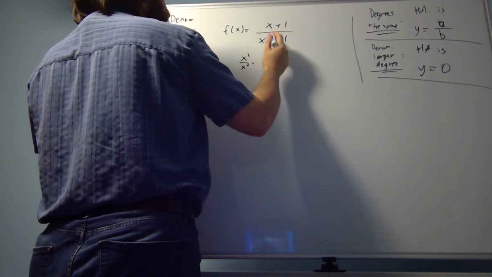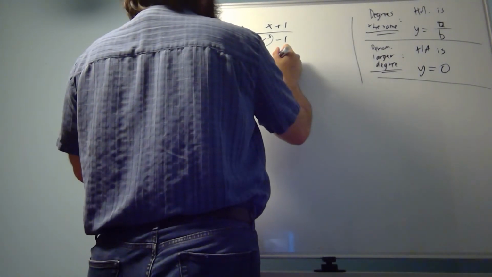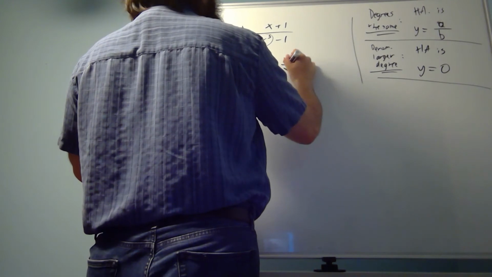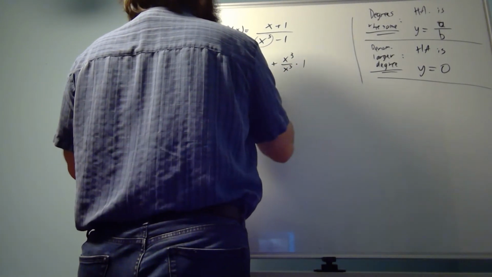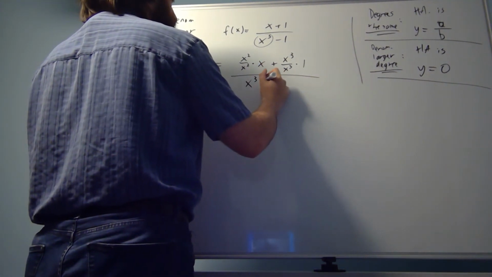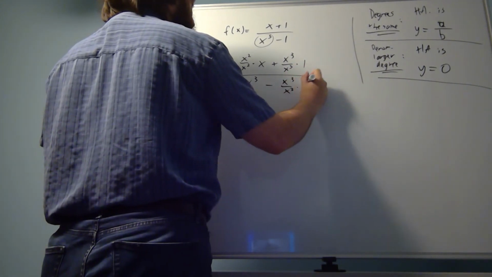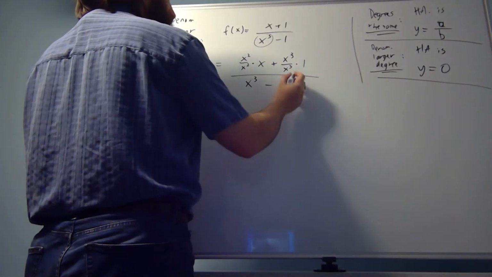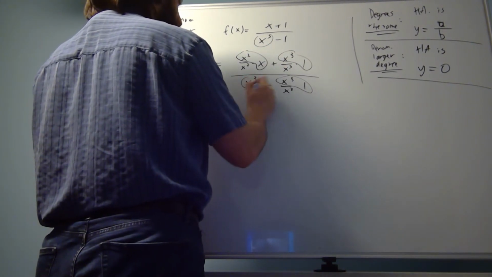Well, now x cubed is the only copy of the biggest thing at the party. So I want to factor out an x cubed. I want everything to have x cubed, so I can factor out an x cubed divided by x cubed.